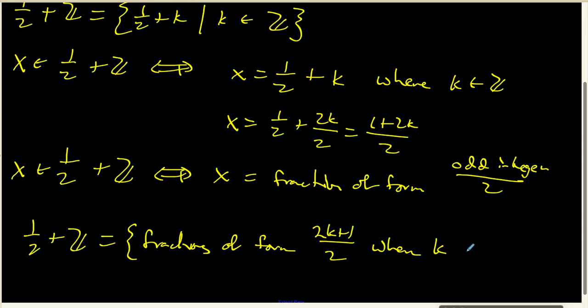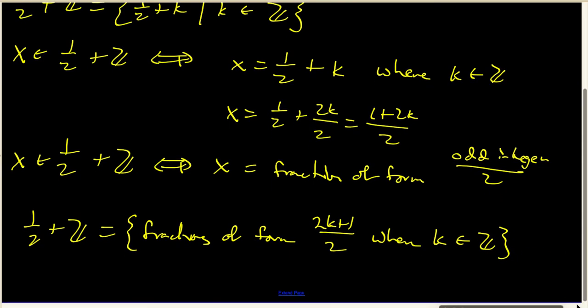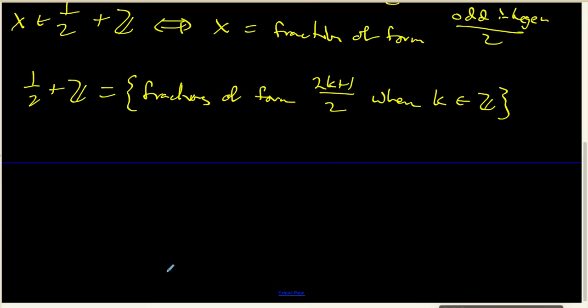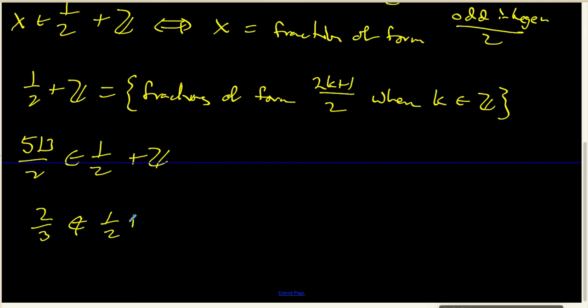So to make it just a little bit more concrete, something like 513 over 2 would belong to this coset, but something like 2/3 would not belong to that particular coset. So that particular coset we understand.